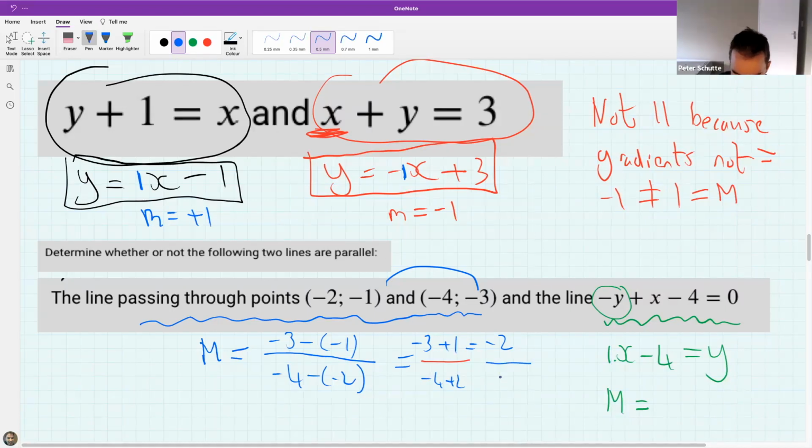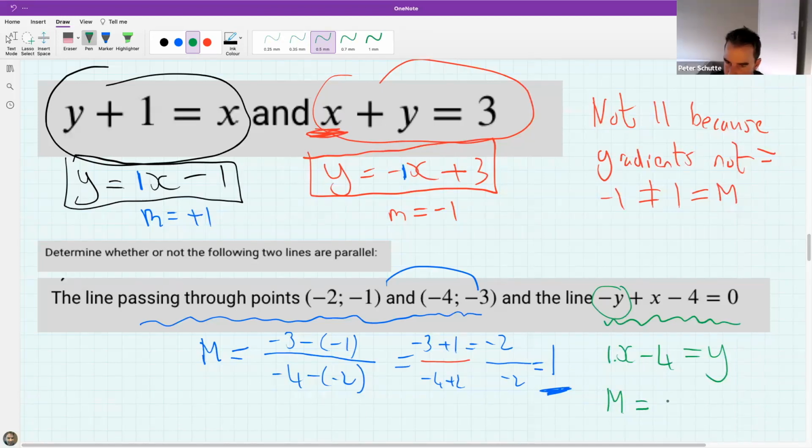So -2 over -2, which is 1. So the gradient of the blue line is 1. Now, what is the gradient of the green line?